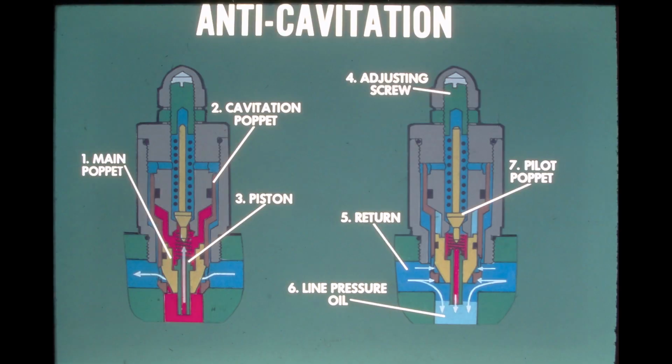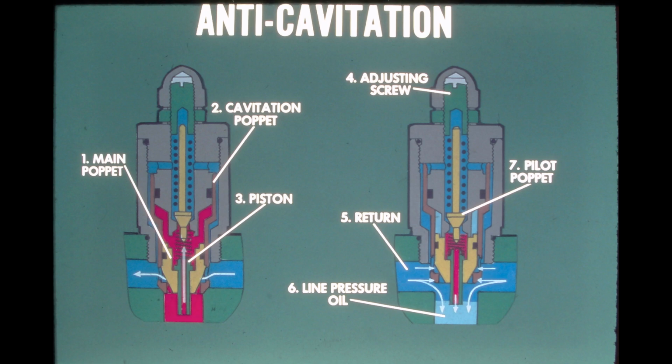Let's take a look at the anti-cavitation operation of the relief valve. The illustration at the left once again shows the operation of the relief anti-cavitation valve at operating pressures. Line pressure is felt in the valve through the hole in the center of the piston, keeping the piston and main poppet seated. Return pressure oil passes through holes drilled in the cavitation poppet.